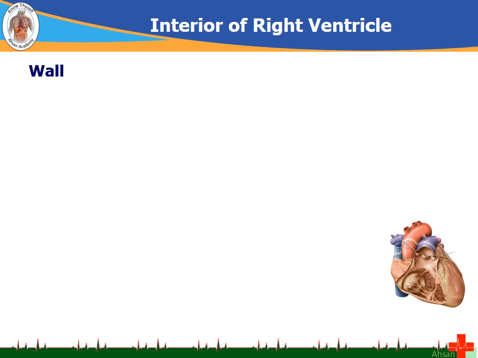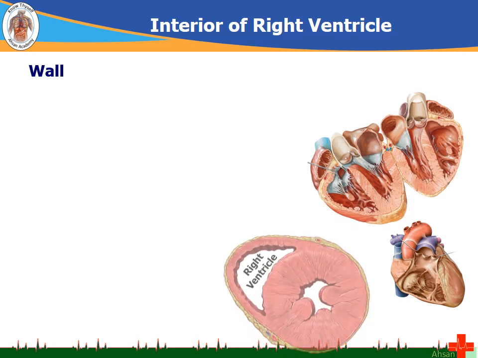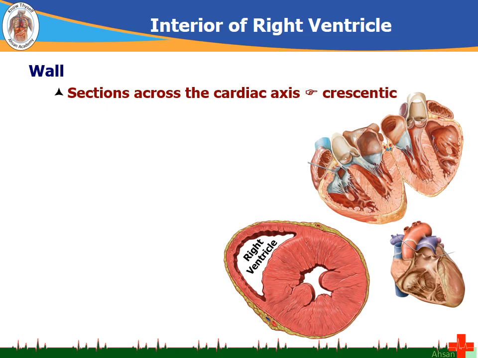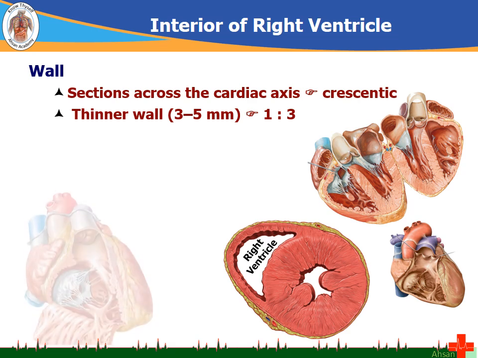In the interior of the right ventricle, the wall is relatively thinner than the left ventricle, and when we take a section at right angle to the long axis of the heart, the lumen of the right ventricle is crescentic in shape. The wall thickness is one third of that of the opposite side, the left ventricle.